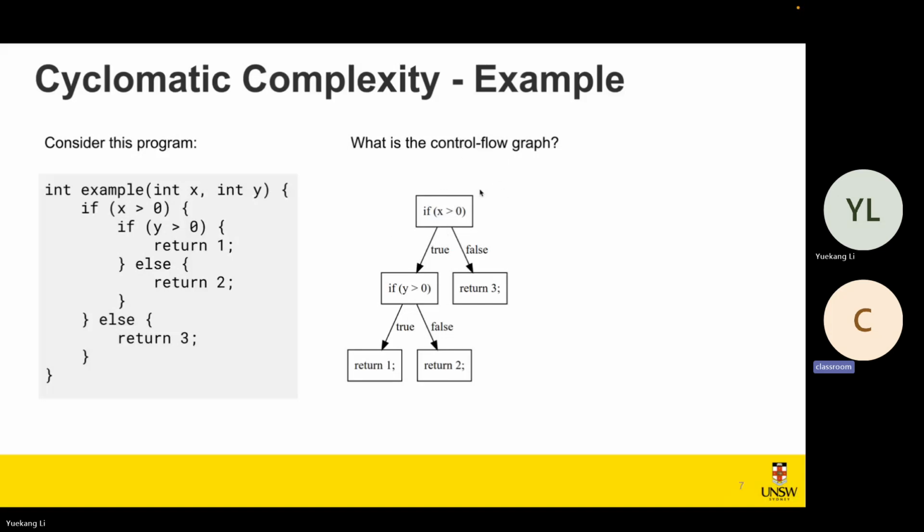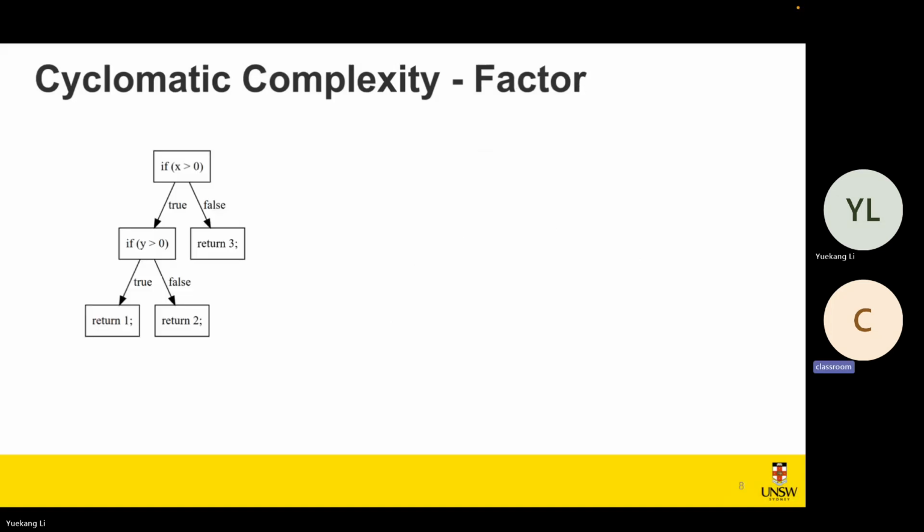And what is the cyclomatic complexity according to this control flow graph? It should be E minus the number of nodes plus 2, right? So we have 4 edges, we have 5 nodes, and the final cyclomatic complexity is 4 minus 5 plus 2, which is just 1 here. So it is pretty simple and straightforward.